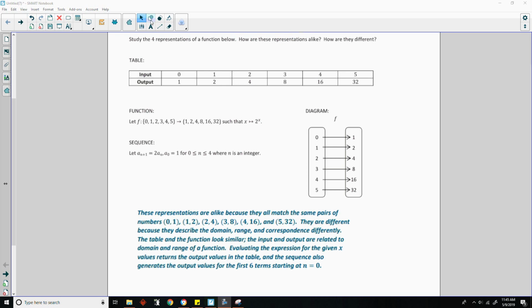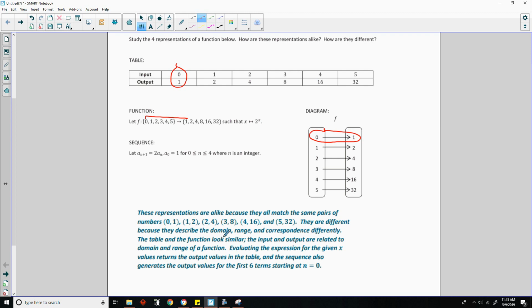Okay, a lengthy explanation here. These representations are alike because they all match the same pairs of numbers: input, output. And they are different because they describe the domain, range, and correspondence differently.